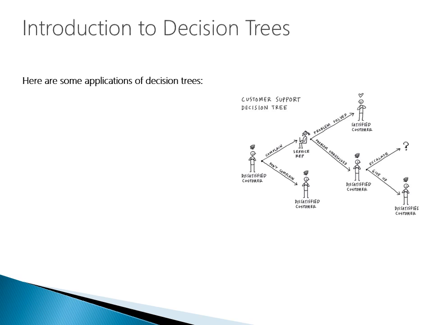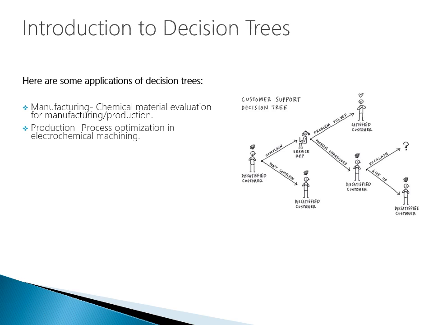Here are some applications of decision tree models. In a manufacturing capacity, evaluating chemical materials for production purposes. In a production sense, optimizing processes in electrochemical machining, for example.